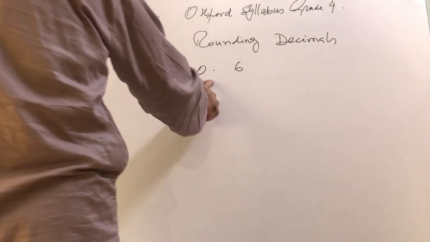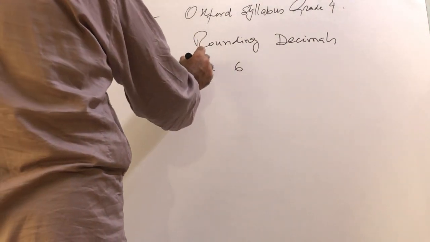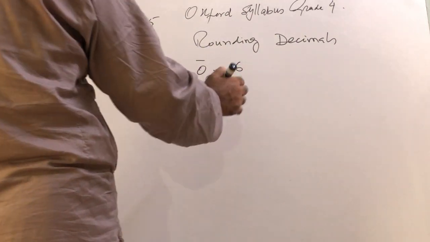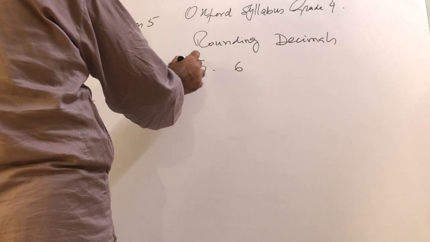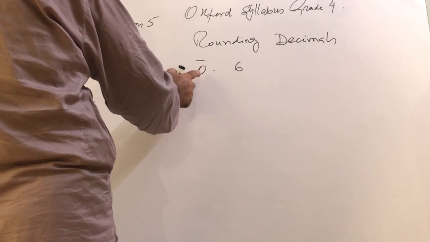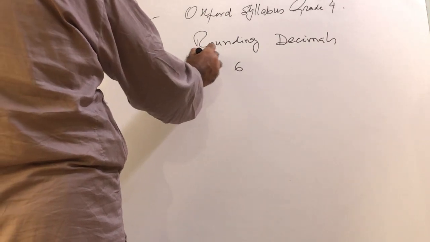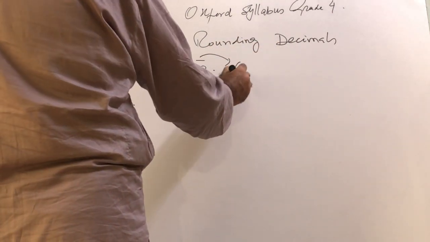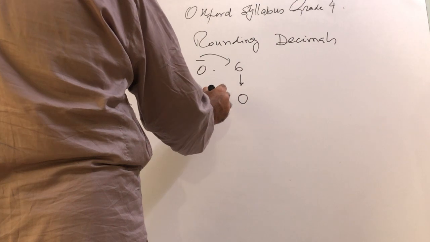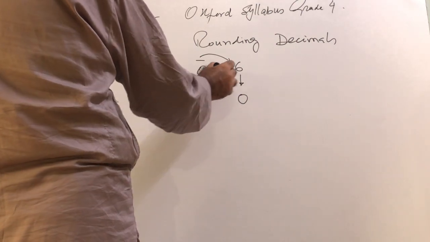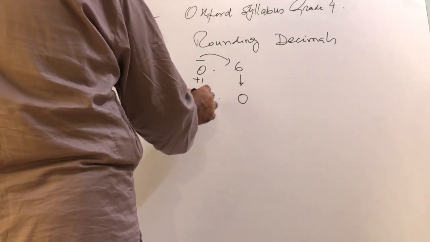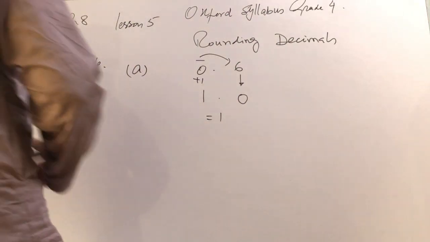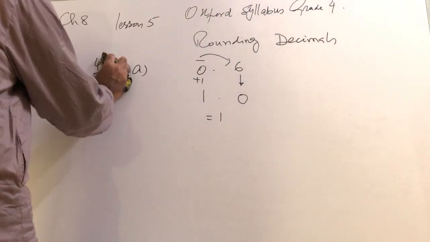We don't need this decimal. So we need to round off. We put a bar here because we need to decide the fate of this number. We see that the immediate right neighbor is 6, which is greater than 5. First we make it 0 and add 1 here because it is greater than 5. 0 plus 1 is 1. 1.0 is 1. It is basically 1 in terms of whole numbers. This is the answer.